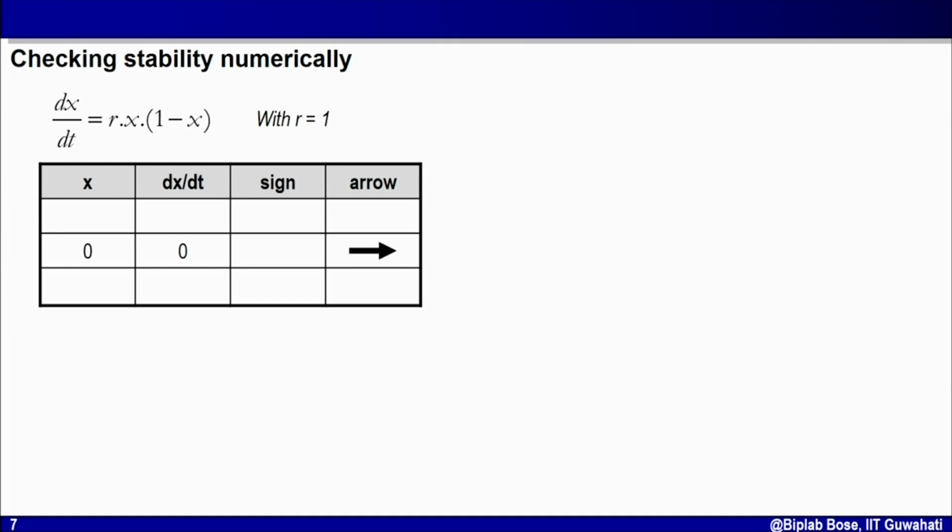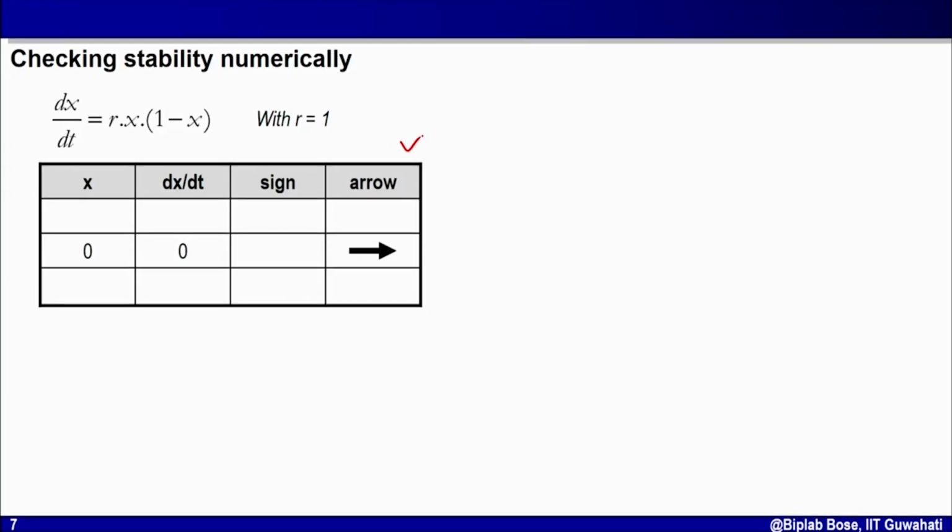If you remember, a few slides back we calculated that we have 2 steady states for this system, x equal to 0 and x equal to 1. So let us start analyzing x equal to 0 first. I have a table here with 4 columns and 3 rows. In the middle row, I put the steady state value of x, that is 0.